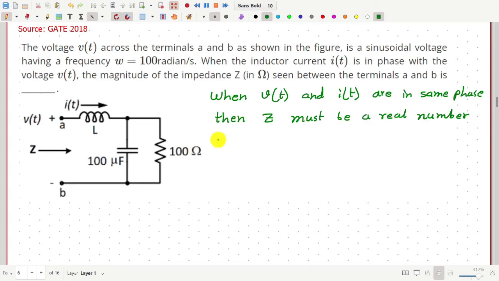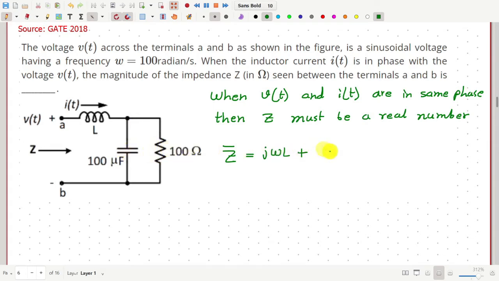Now let us write the expression for this Z. So Z we can write as equal to this inductive impedance of j omega L plus this parallel combination.